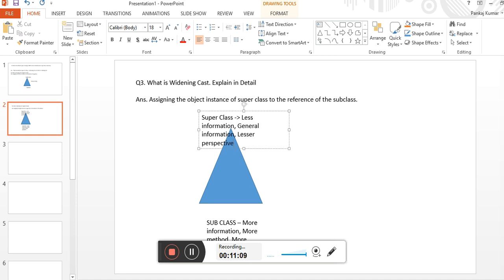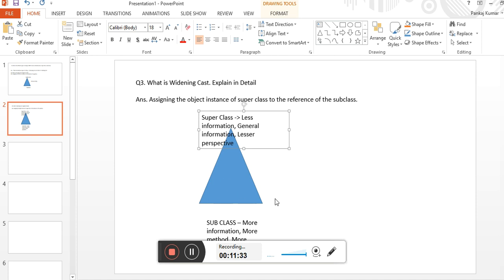So widening means we are going from the narrow to the wide side, that is from superclass to subclass. This is widening cast. You are assigning the instance of the superclass to the subclass.